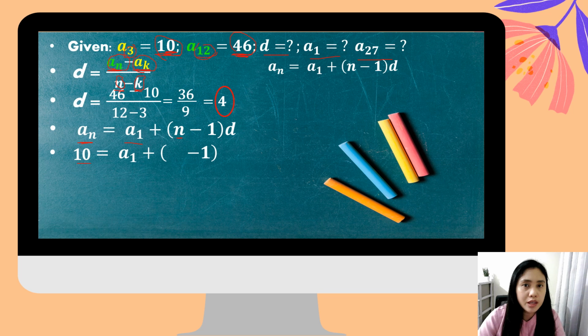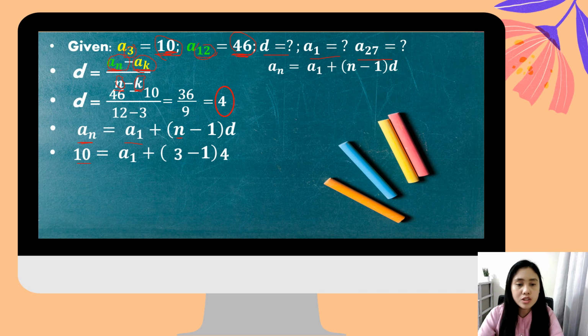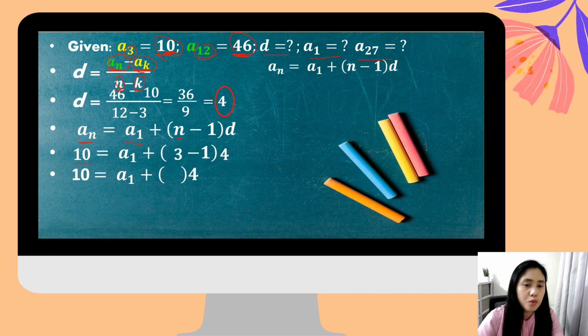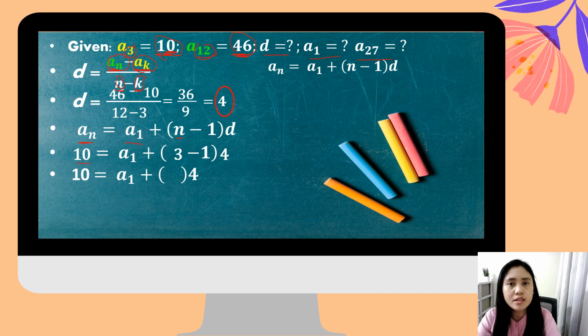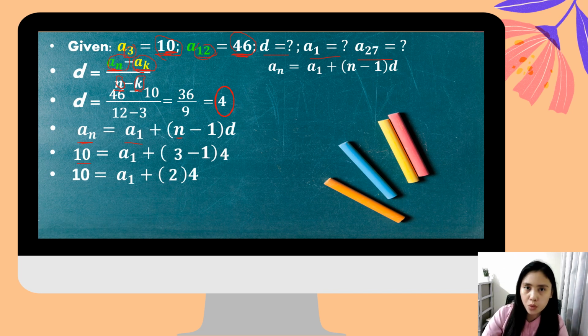So, ang value ni n na ating gagamitin ay 3. Then, gagamitin natin yung nakuha nating value ni d, which is equal to 4. So, from here, let's evaluate. We start with the parentheses. 3 minus 1. 3 minus 1 is equal to 2.